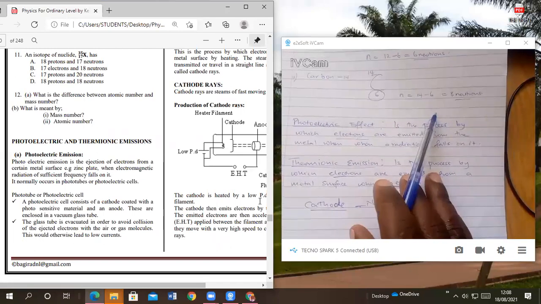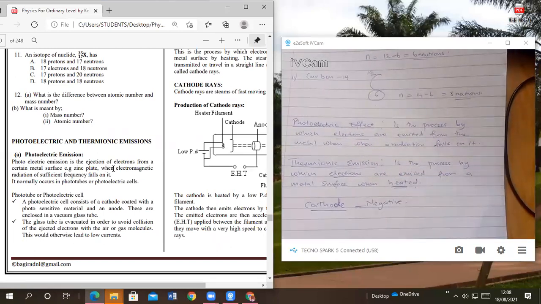This radiation is in the form of an electromagnetic radiation. Later on, we shall look at the applications. There are very many applications, but we are still in the introduction.